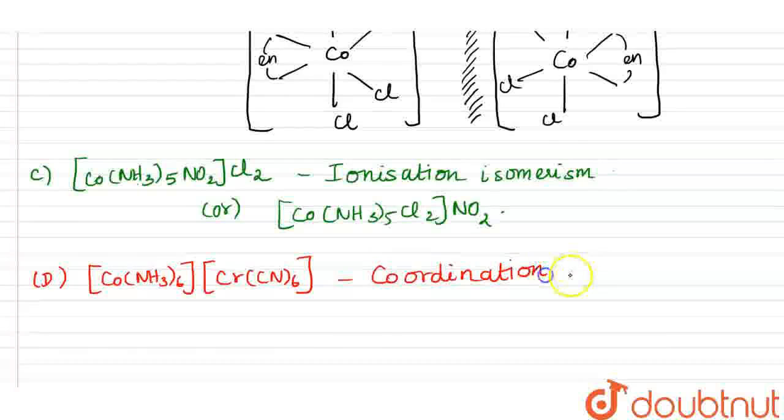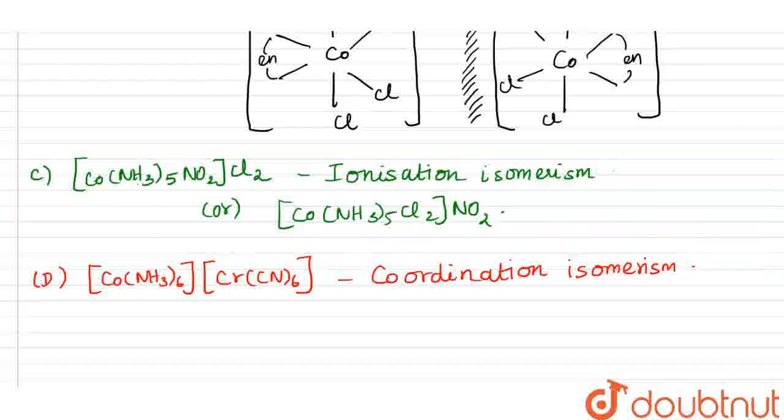Coordination isomerism is when there are two or more coordination compounds with the same molecular formula, differing in the composition within the coordination sphere. That is, there is an interchange of ligands between the metal in the cation and the metal in the anion.